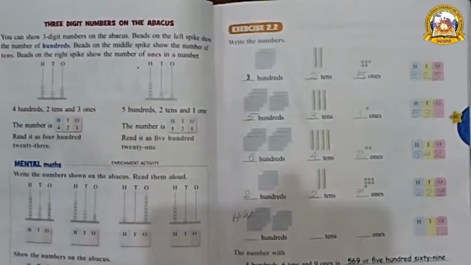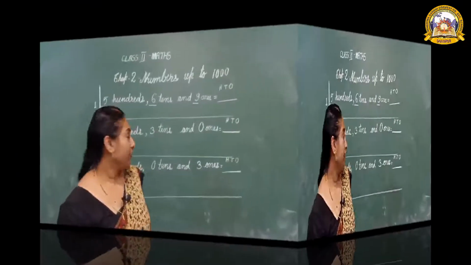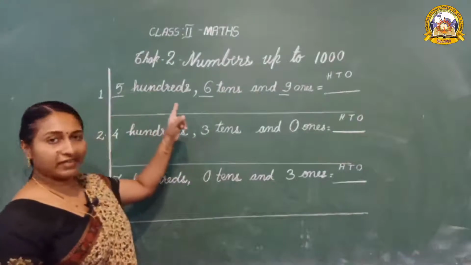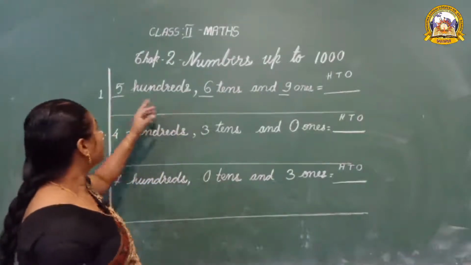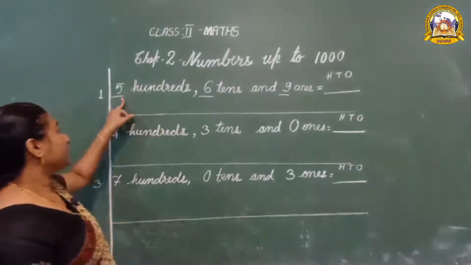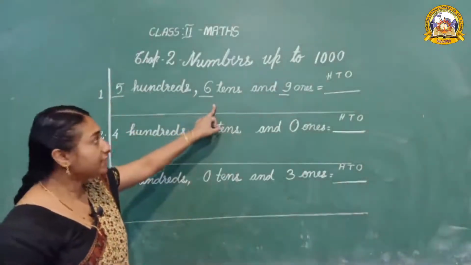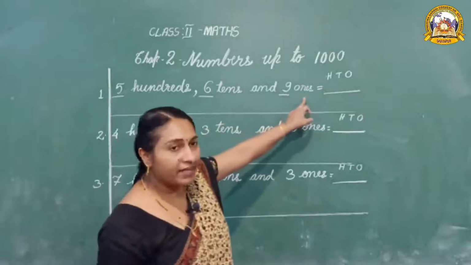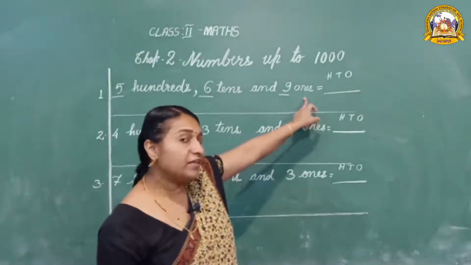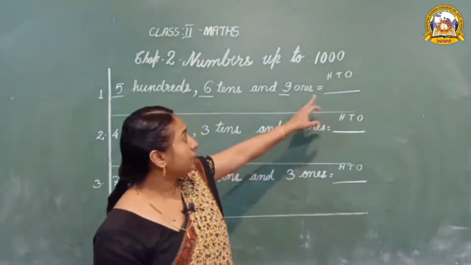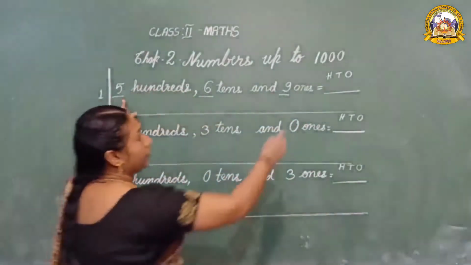Let us go to the next exercise. Here we have to write the number. Look here. What is given here? 5 hundreds, 6 tens, and 9 ones. How can we write it in figure? Yes. Here.